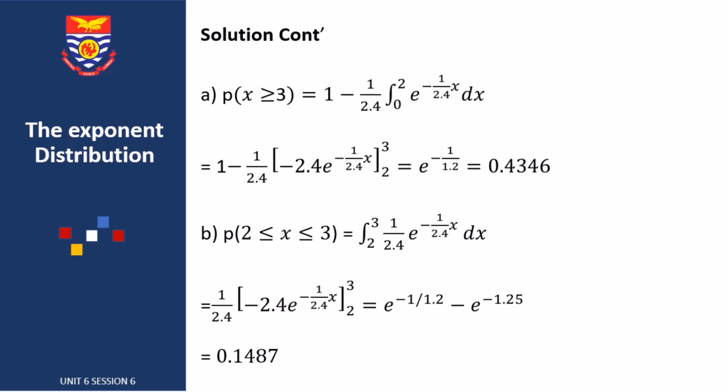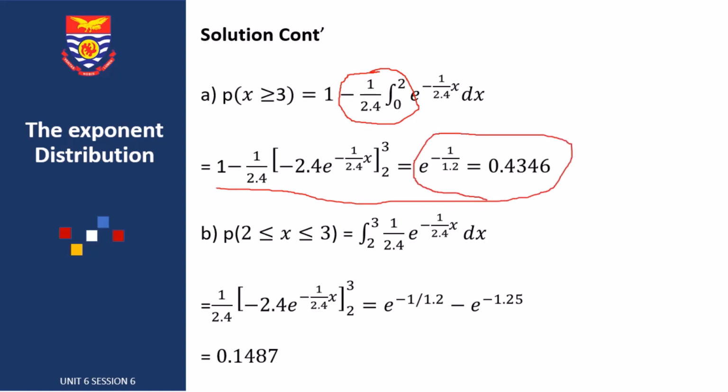If it were more than 4, it would have been 1 minus 0 to 4. I hope you get it. So integrating the function on the limits and working out the values correctly and doing the algebra carefully, we should have 0.4346.